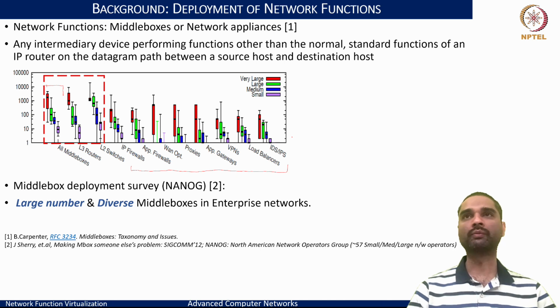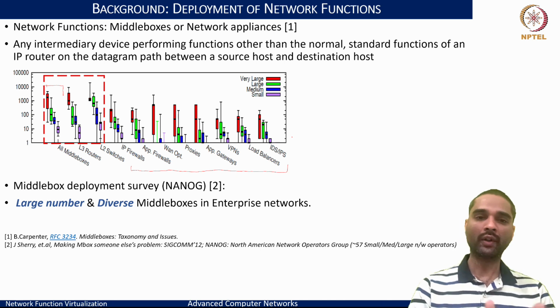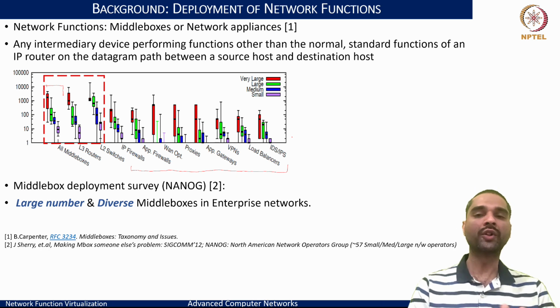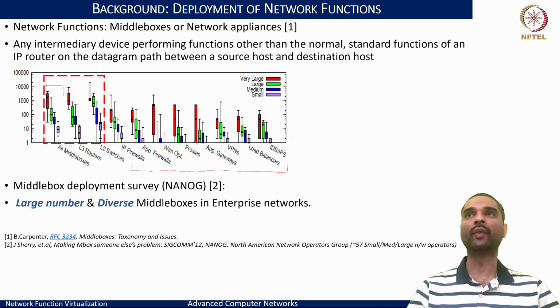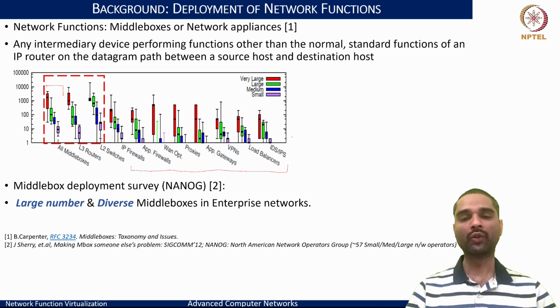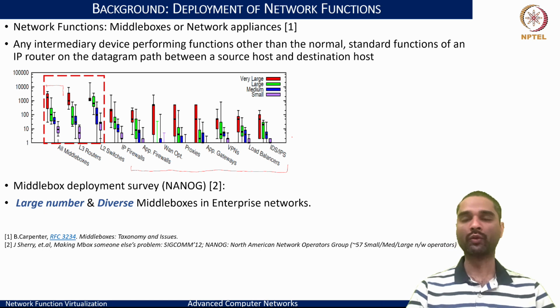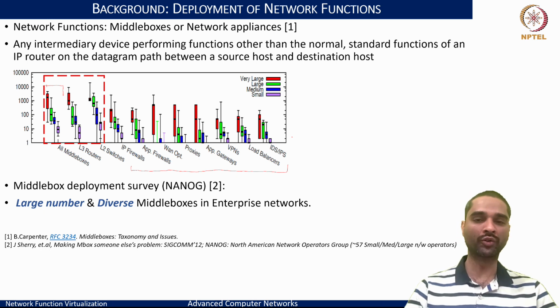And the distinctions of size were based on the number of hosts that they were serving. When we said small, it hosted less than 1,000 hosts. Medium was around 1,000 to 10,000 hosts, large 10,000 to 100,000, and very large means more than 100,000 hosts in a given network.